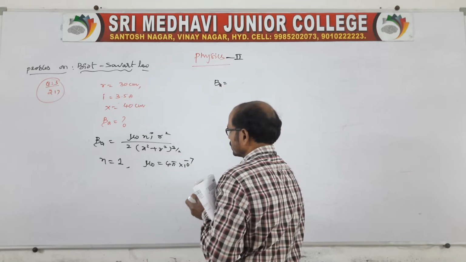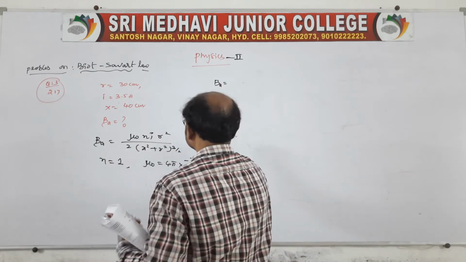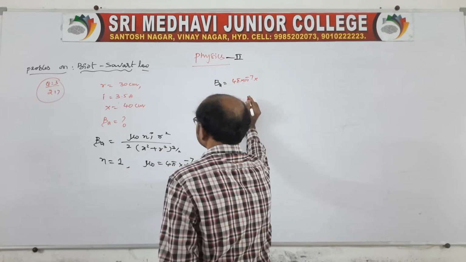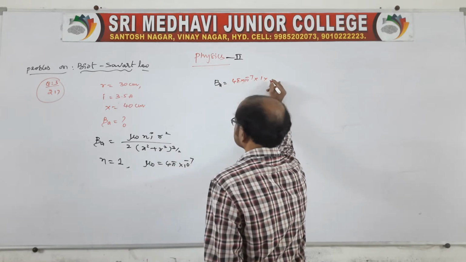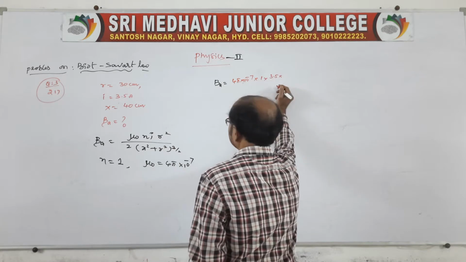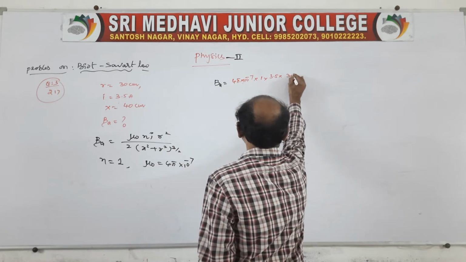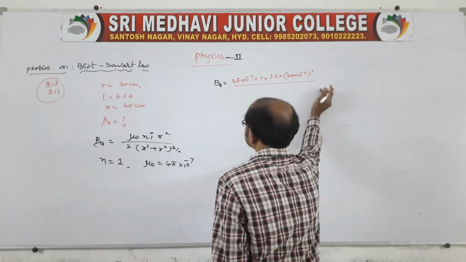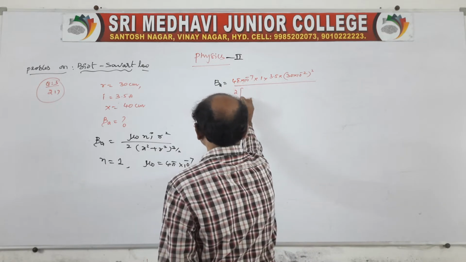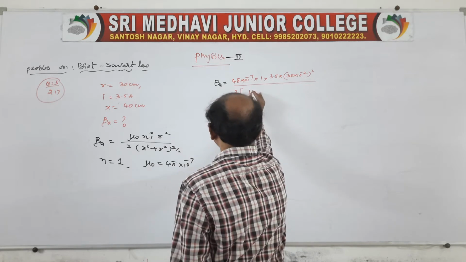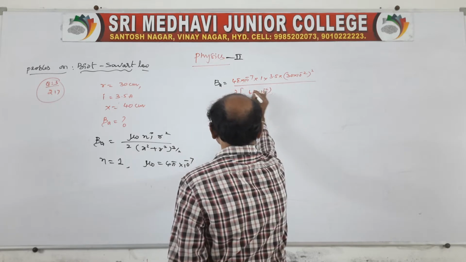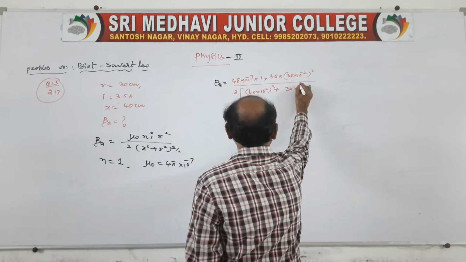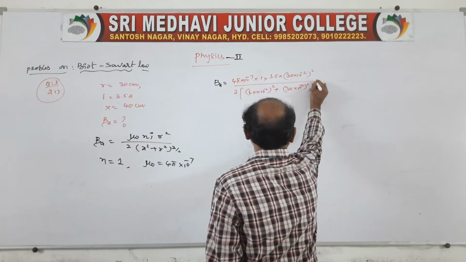Clear? So now substitute the values whatever is given. 4 pi into 10 power minus 7, n is 1, current is 3.5, and here r is 30 into 10 power minus 2 whole square, because it is given in centimeters. And here 2 into (x, 40 into 10 power minus 2 whole square plus 30 into 10 power minus 2 whole square) whole power 3 by 2.